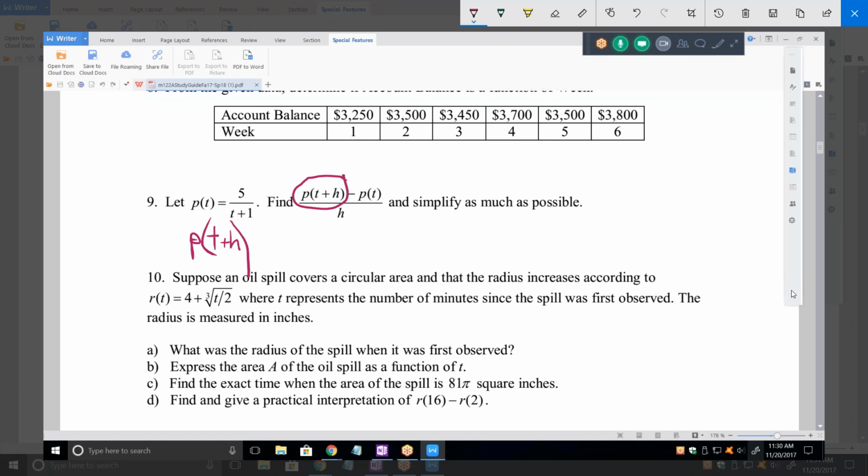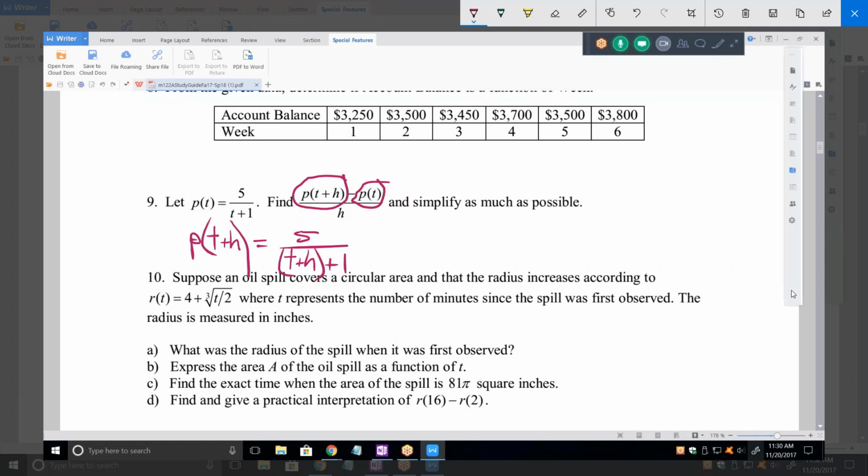Is P of t plus h. We know what P of t is. They gave it to us. What does P of t plus h equal? It's just 5 over t plus 1 plus h. Well, let's do it in the right order. Substitute for t, t plus h, and then plus 1.